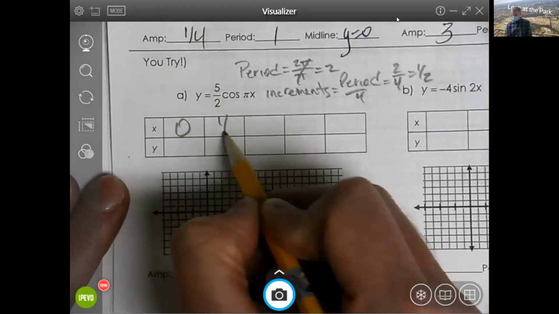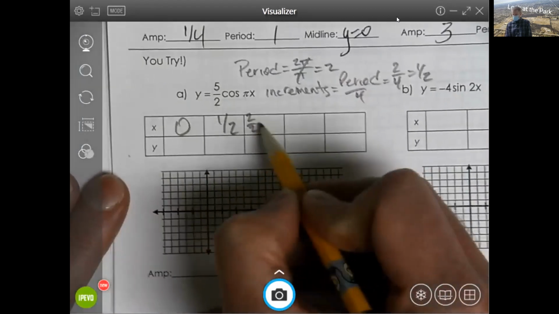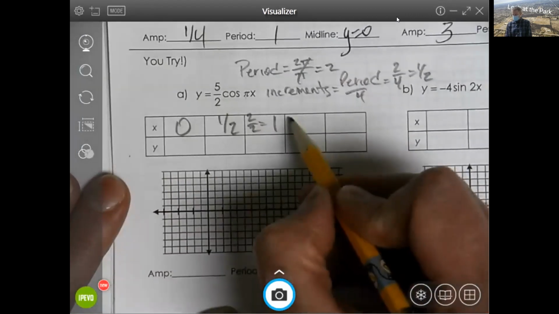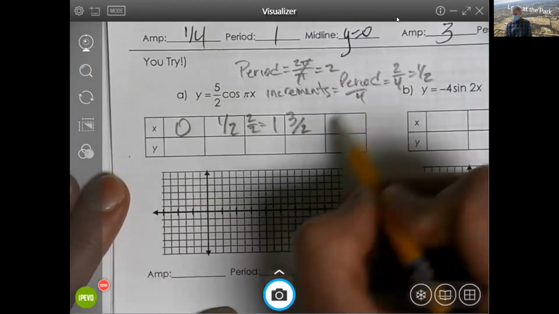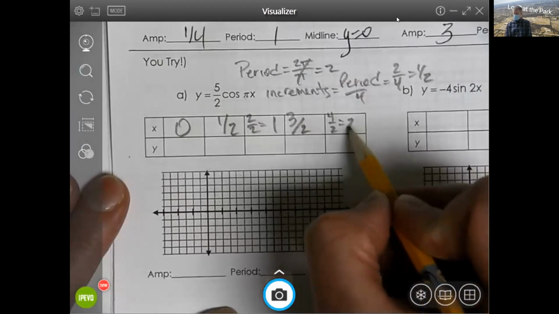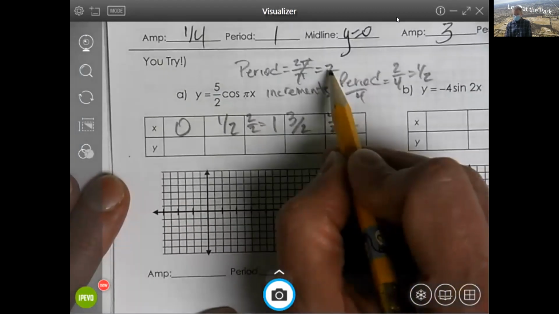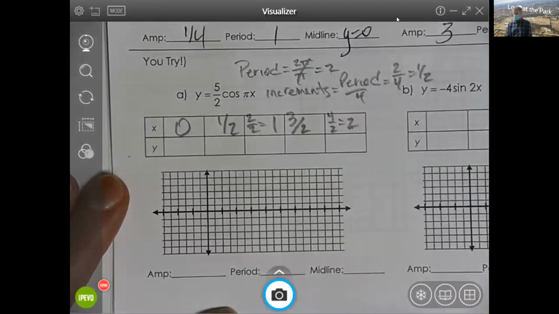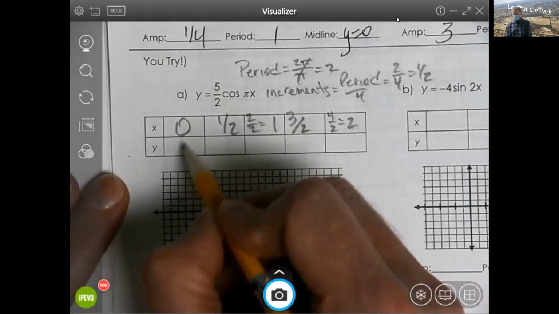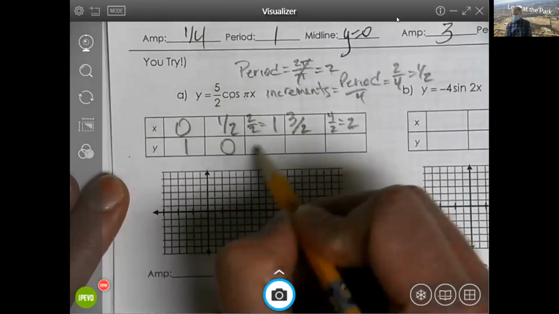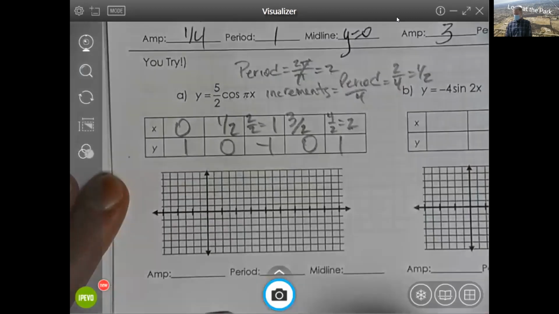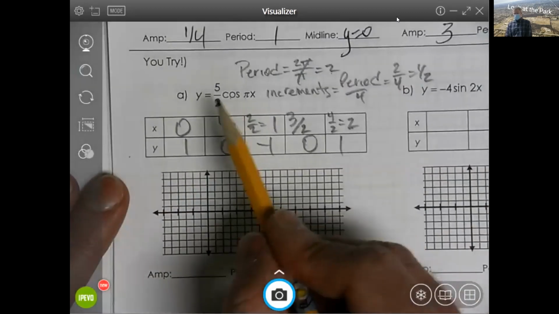We're going to do 1/2. We're going to do 2 halves. We're going to do 3 halves. And we're going to do 4 halves. And that 2 is the same thing as our period, like it'll do every time. A cosine graph always starts at 1. We're going to do our parent graph and we'll stretch it.